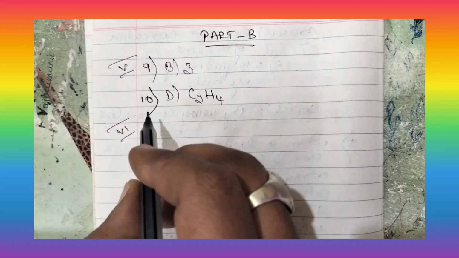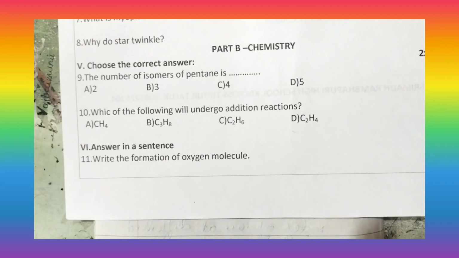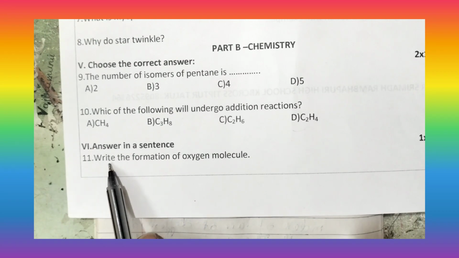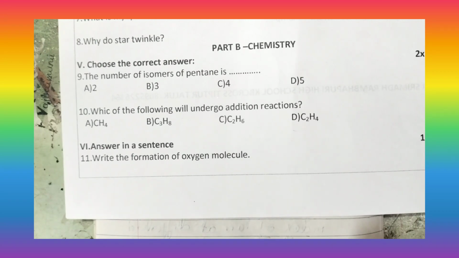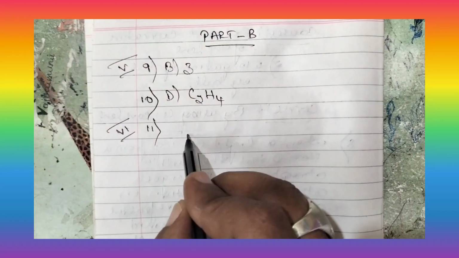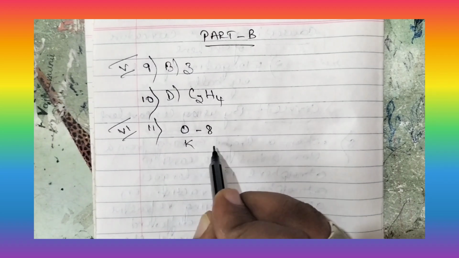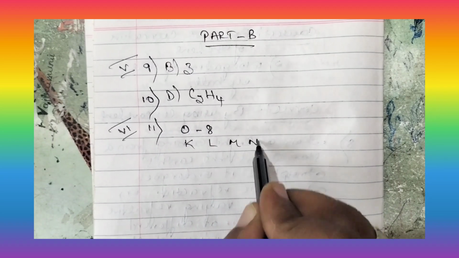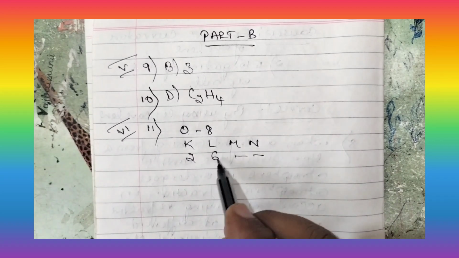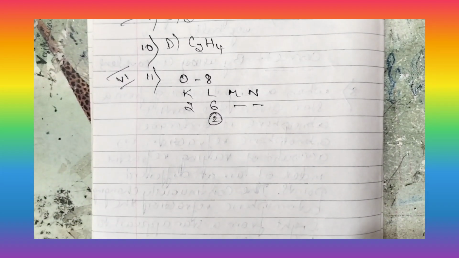So now let us move to the sixth main, that is the 11th question. The first question in the sixth main is, write the formation of oxygen molecule. So let us see how the oxygen molecule is formed. Oxygen atomic number is 8, so its configuration is 2, 6. The valence electrons are 6. By gaining 2 electrons, it completes its shell.